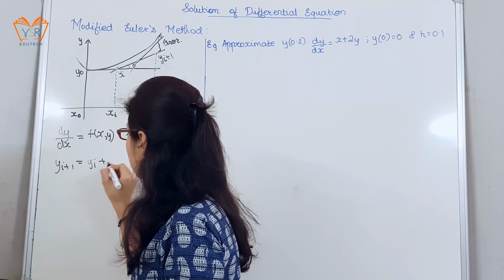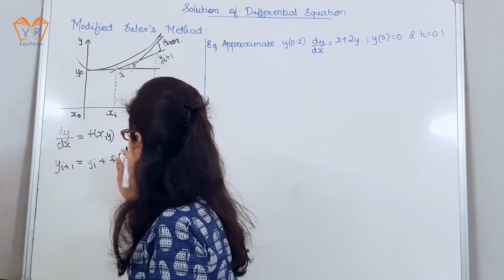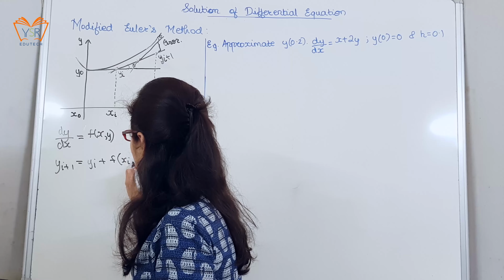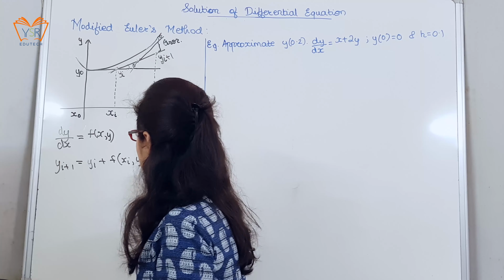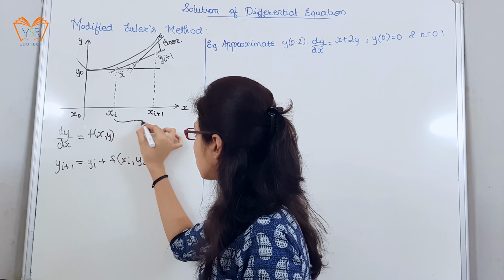It is yi plus f of xi comma yi into step size h. Step size is this.